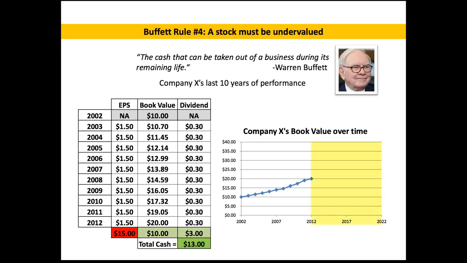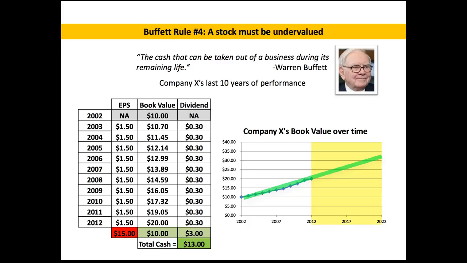If we could put a line right down on that graph and look at the slope of it, we have a general idea of how that book value would continue to grow 10 years from now, just as long as those earnings remain constant and you're still making earnings of $1.50 or more. We can generally say that for this company, Company X, the book value would probably be around $35 when you look at that slope and how it would be trending.